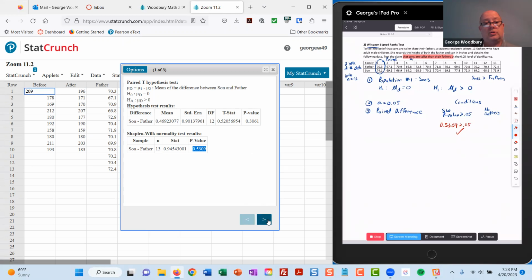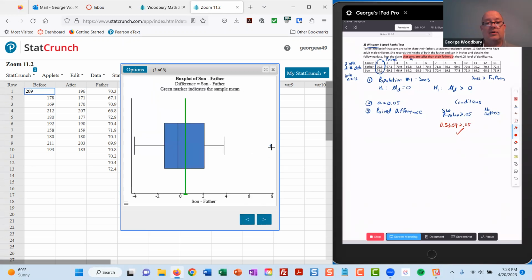We go to the next page, however, there's an outlier. It says in row 9, that son was 7.9 inches taller than their father, and that was an outlier here. So there is an outlier. That condition fails.